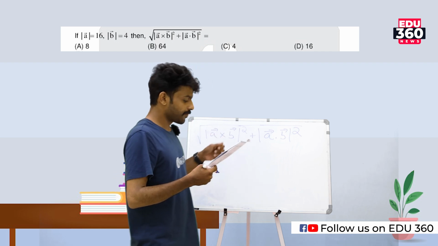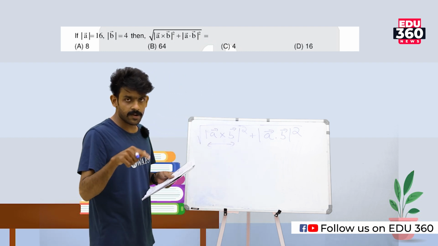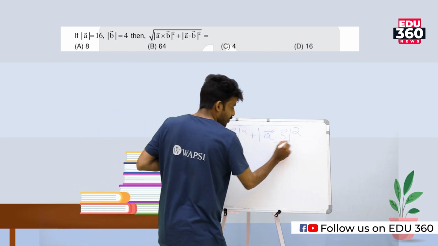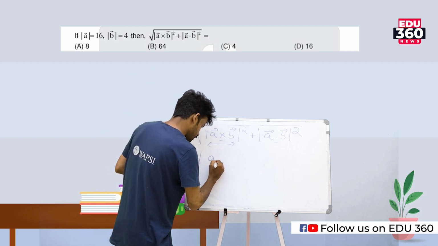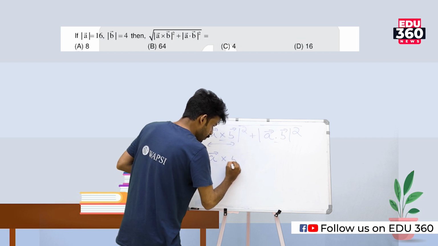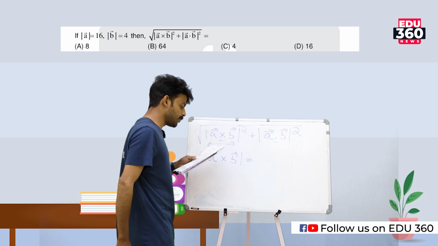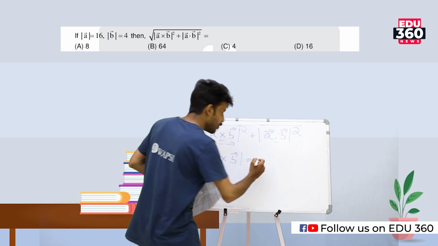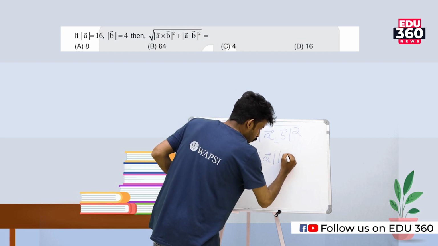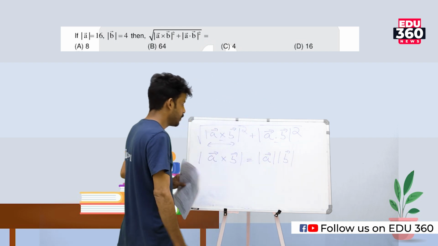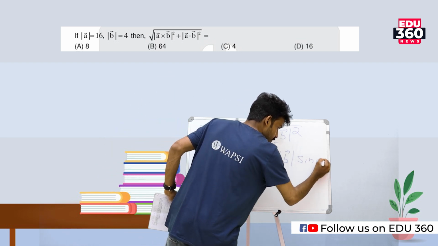So, vector A cross B is a cross product and this is a dot product. First of all, we can write the modulus of vector A cross vector B. That is equal to modulus of vector A into modulus of vector B, and since this is a cross product, it is sine theta.